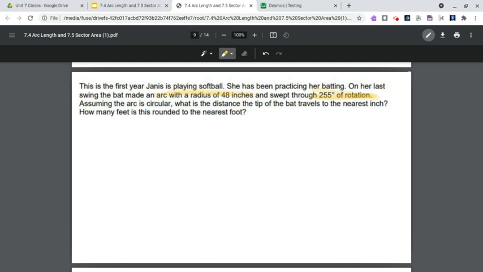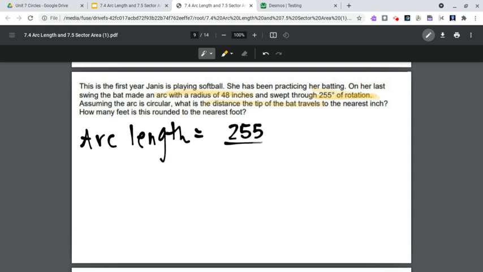Okay, so we're looking for the distance that the tip of the bat travels, which is essentially arc length. We're given the measure of theta in degrees, so we're going to use the formula. Arc length equals 255 over 360 times 2 times pi times our radius, which is 48 inches.